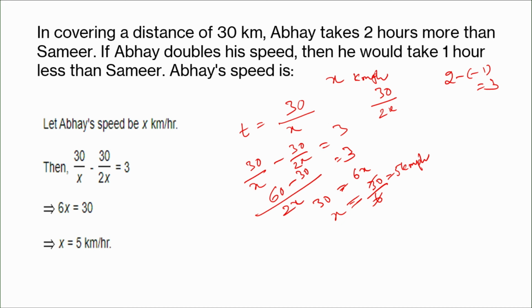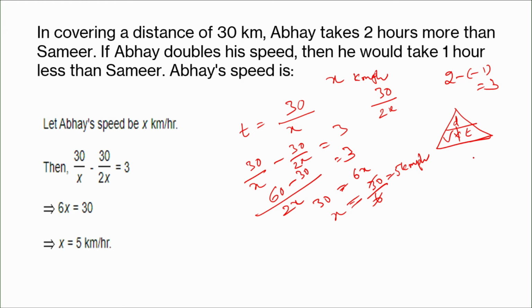So, a very important concept in this question is that the formula is very simple here. Always use the same formula: distance is equal to velocity into time, or velocity equal to distance by time, or time is equal to distance by velocity.